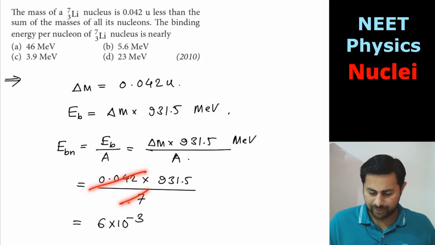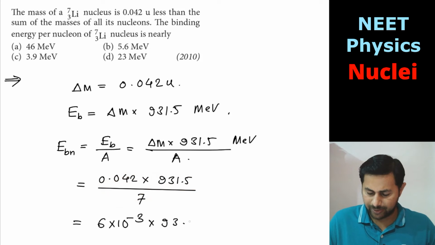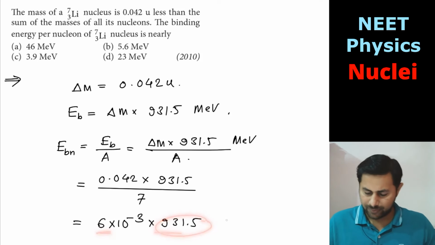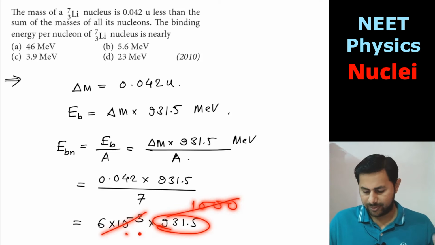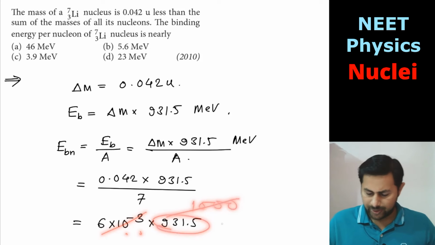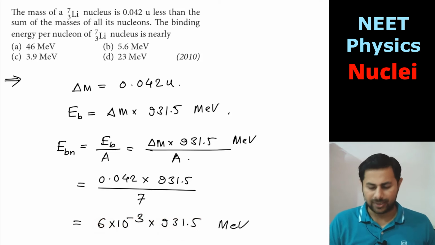If you divide this by this, then you need to multiply that by 931.5. This will be a little bit lesser than 6. If it was 1000, then that 1000 and 10 raised to minus 3 would have got cancelled out, but this is slightly less than 1000. That means the answer won't be 6 mega electron volts, it would be lesser than that.